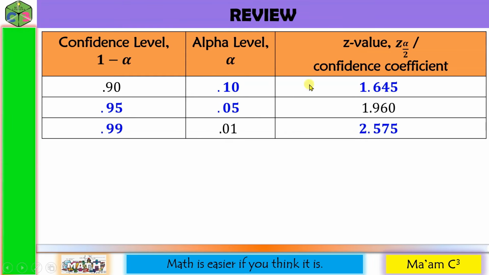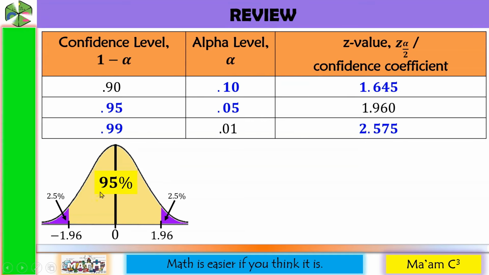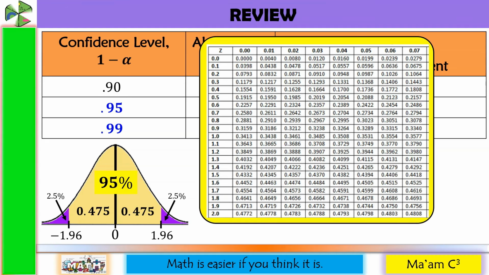Have you ever wondered where these values came from? Let me show you. Let us take an example, the 95% confidence level. 95% in decimal is 0.95. Dividing into 2, each area from the mean is 0.475. Now, let us look for this area in our z-table. It is here.